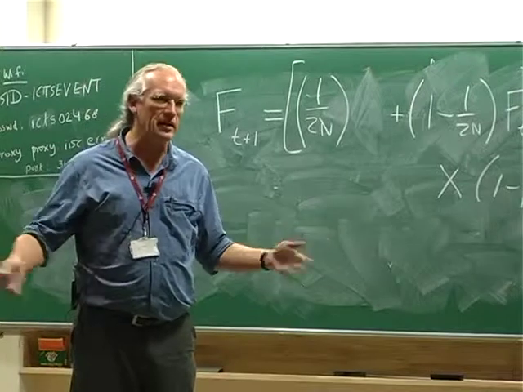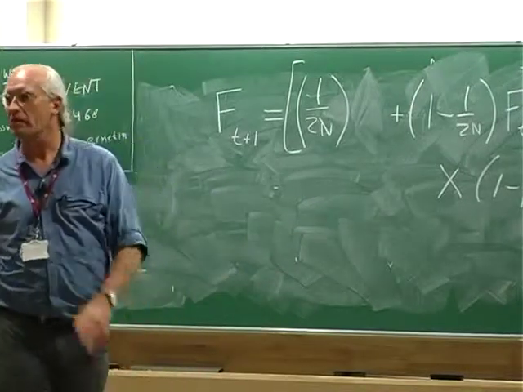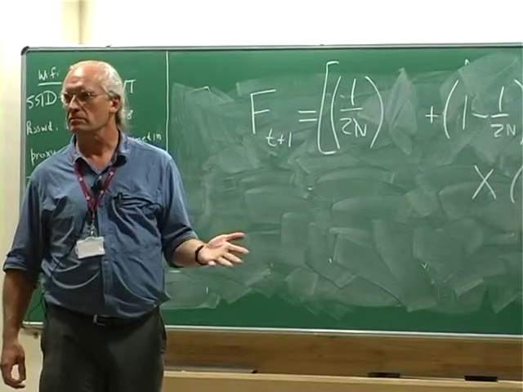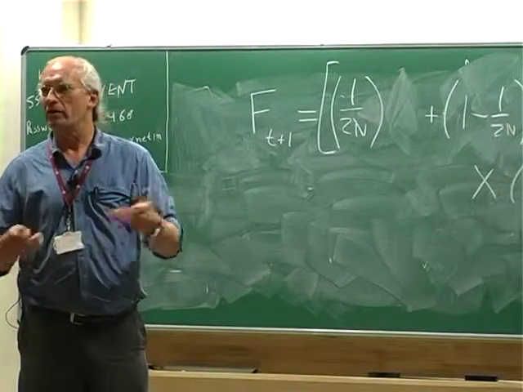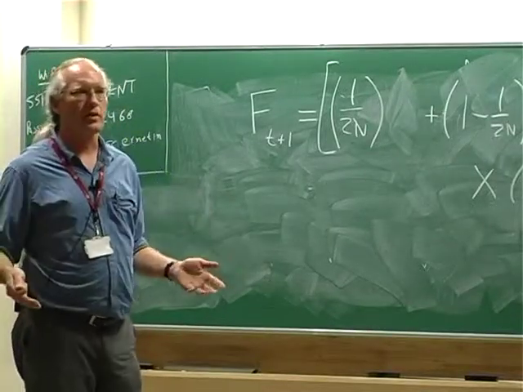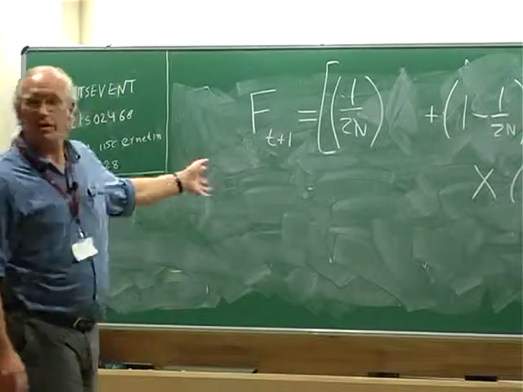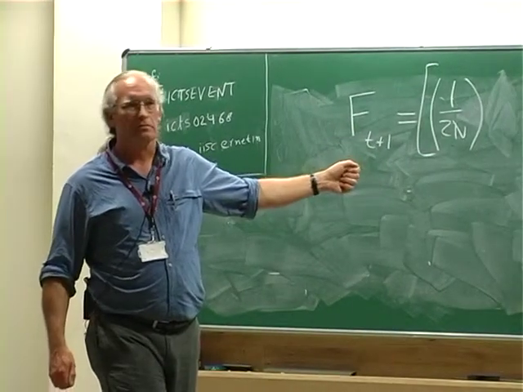We're talking about mutation rates being very small, so squared, we really don't care about mu squared. We want to get rid of that. And that mu over 2n is small. So 2n is large enough that mu over 2n is a small thing times a small thing. So make those kind of approximations and try to find the equilibrium value of f.